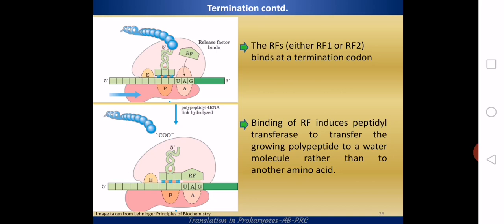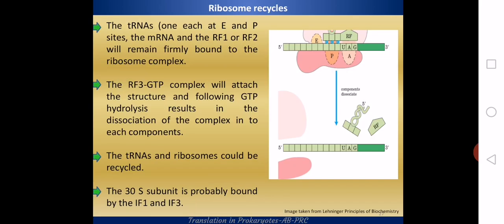So here what happens is this peptidyltransferase center will catalyze the transfer of this growing polypeptide to a water molecule, which is available in plenty in the cytoplasm. So that ultimately causes release of the polypeptide from the ribosome complex. Right.